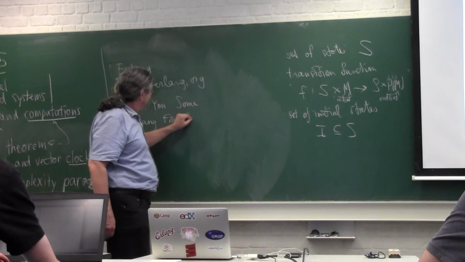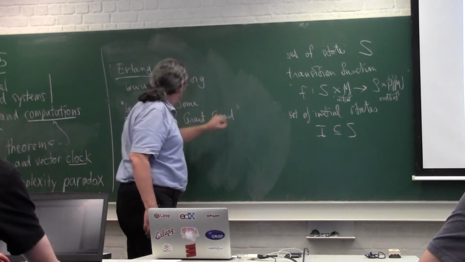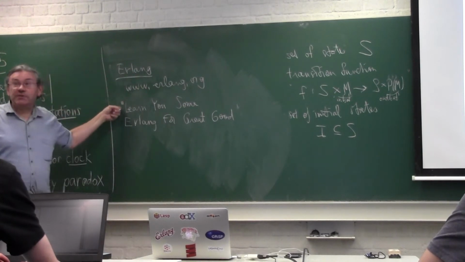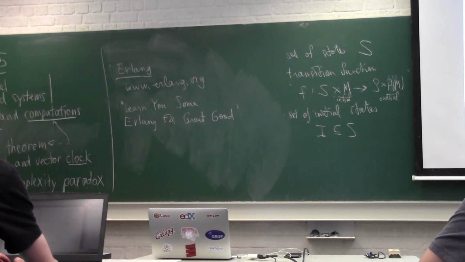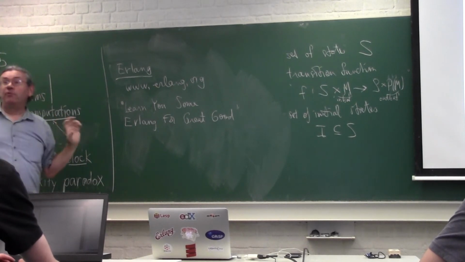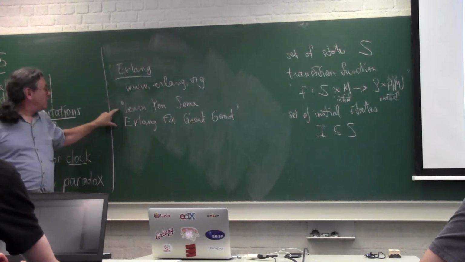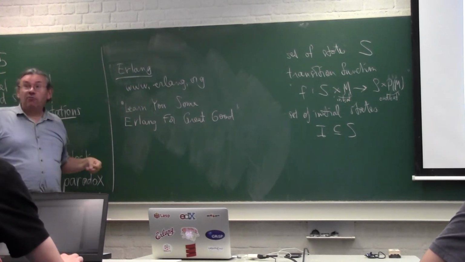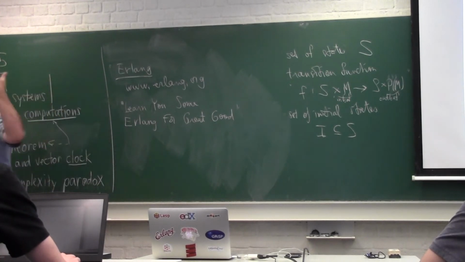That's a nice name, right? So there's a site, if you type this in Google, you will find it immediately. So this is very pedagogical. It starts very simple, has many examples, and there's even a book that you can buy if you want, but it doesn't cost anything, the website. So if you want to already learn something about Erlang, this is a really good way to get into it.